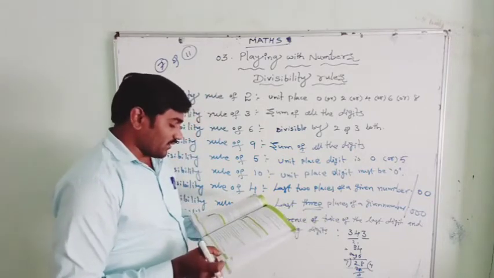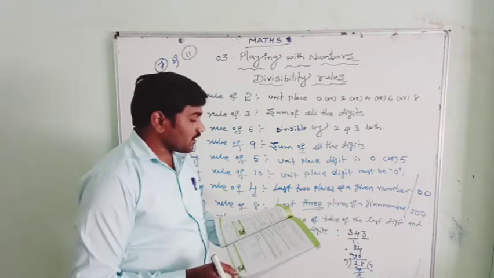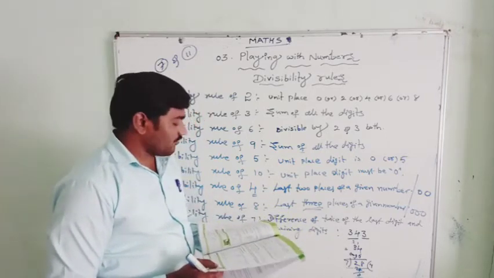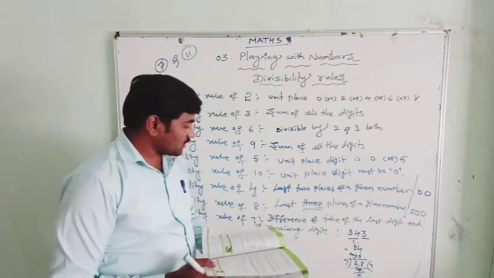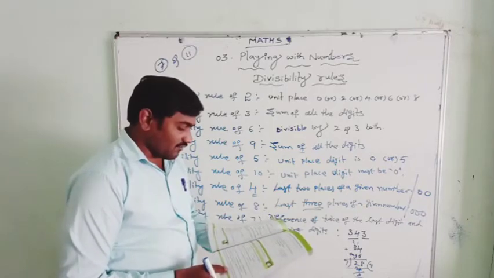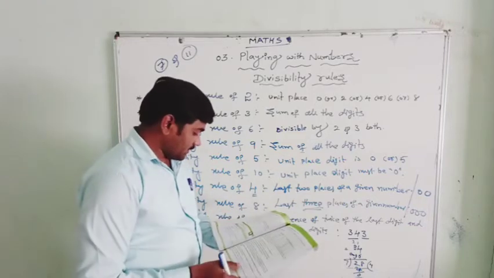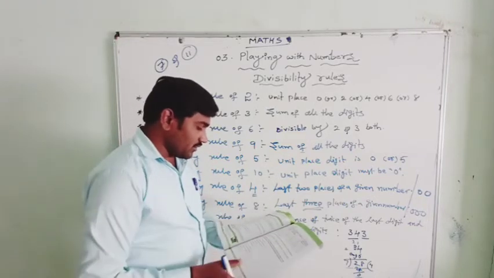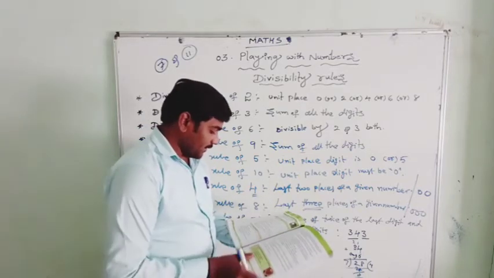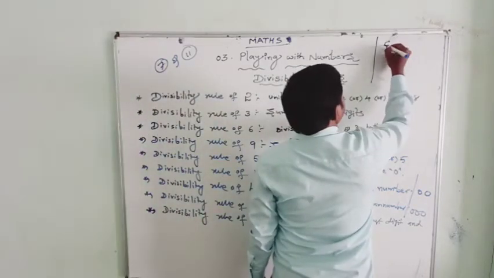Until now we have discussed the divisibility rules of 2, 3 and 6, the rule of 9, the rules of 5 and 10, the rules of 4 and 8, and now the divisibility rule of 7. Should I give one example for you? Yes.